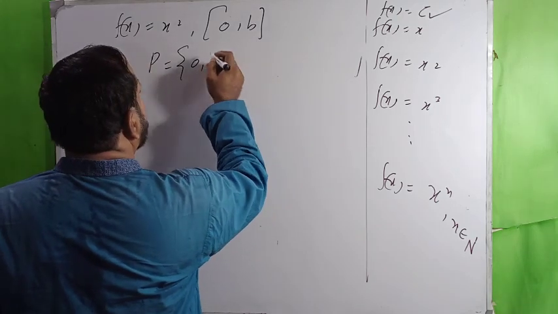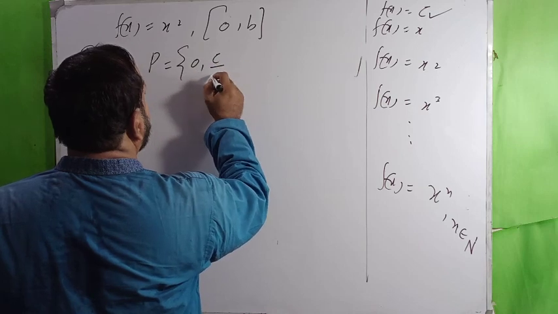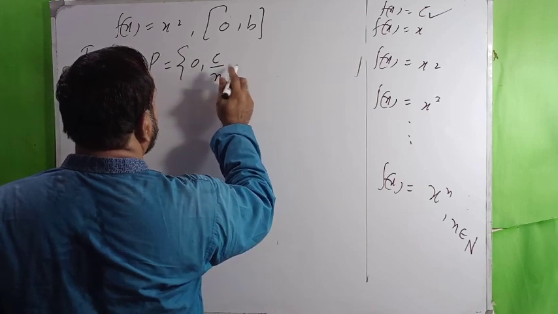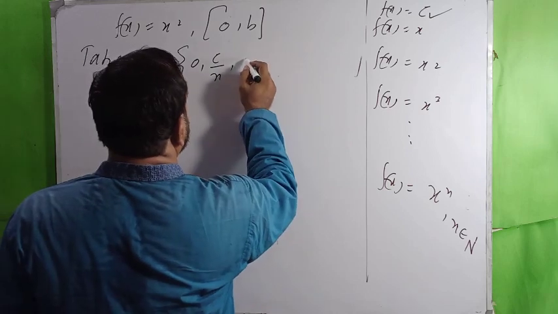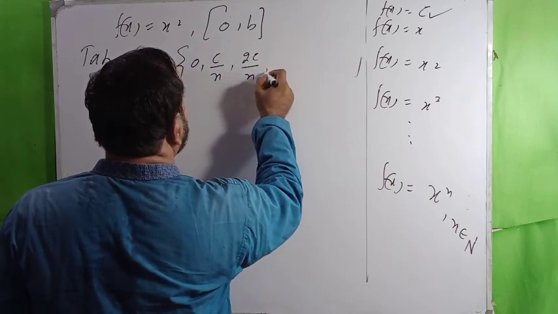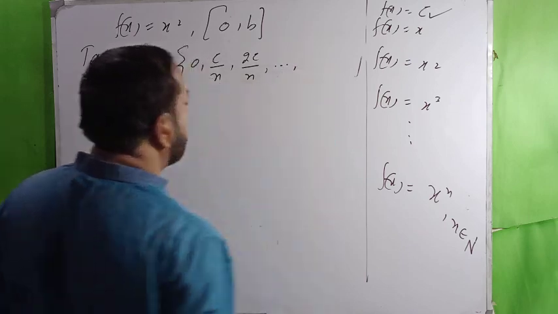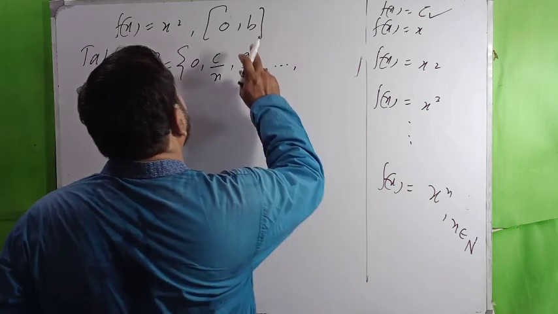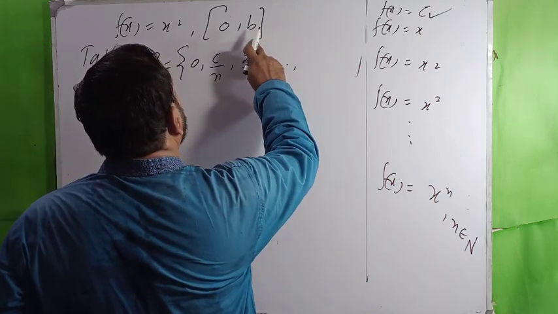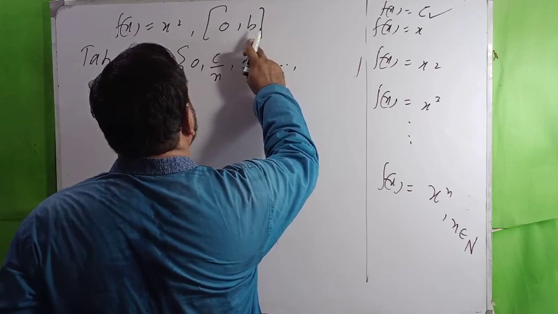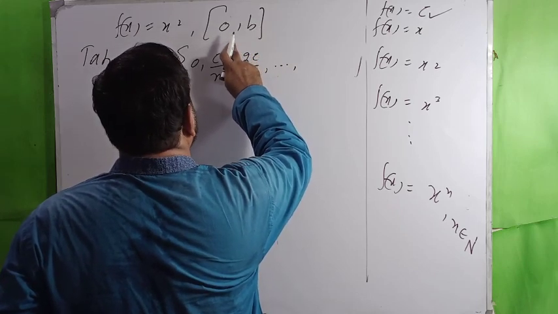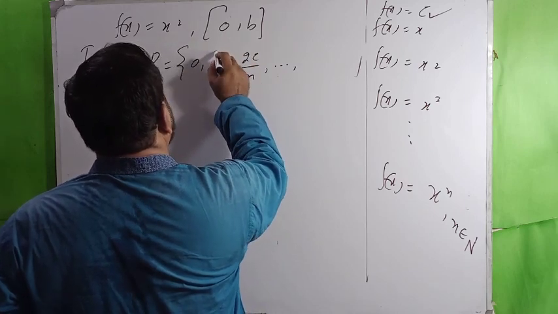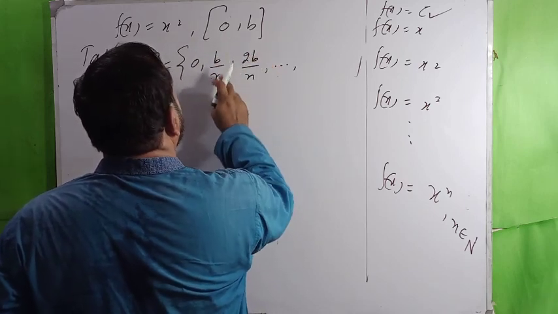Then take b by n, then 2b by n, and so on, lastly nb by n.